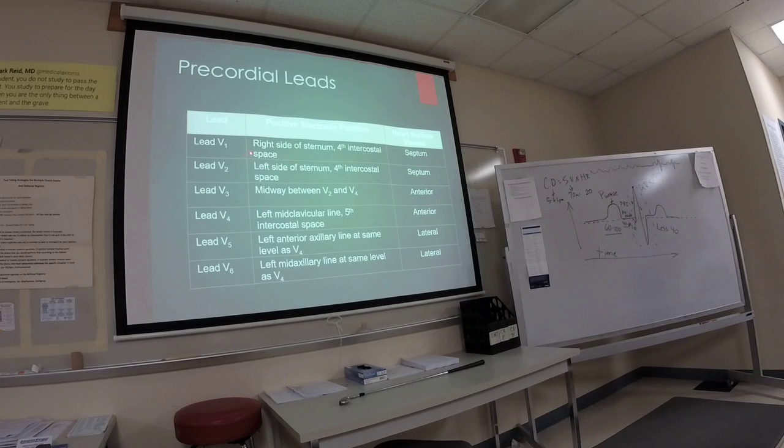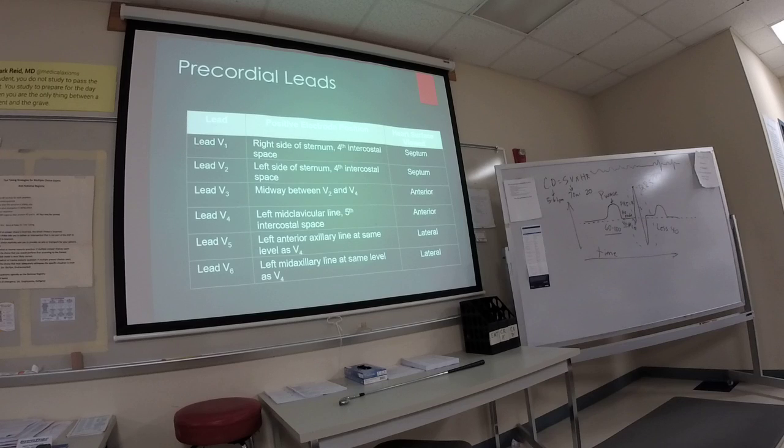For your PCT certification, there were questions that ask you which intercostal space is V1. So put a little note beside this, memorize this, and also the limb leads if you don't know that by chance.